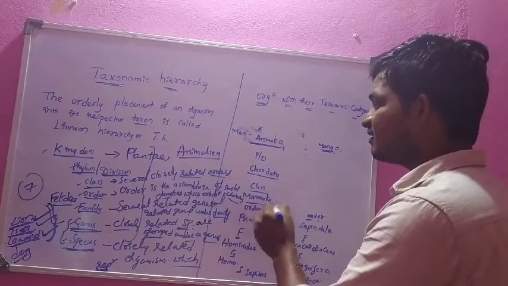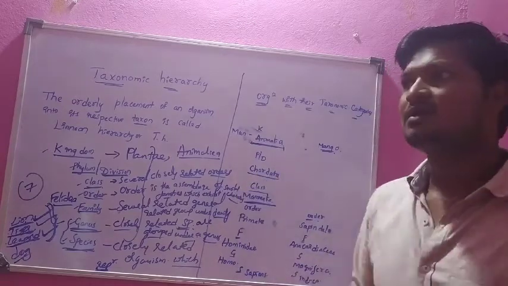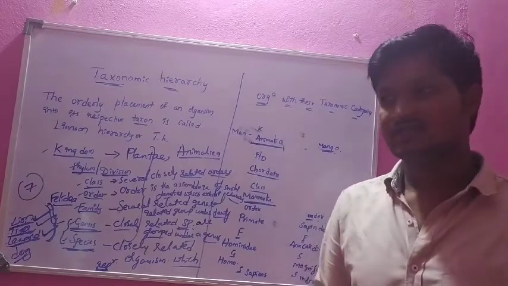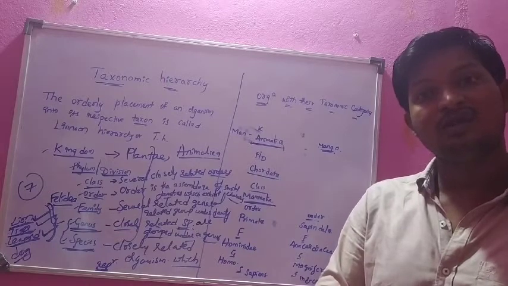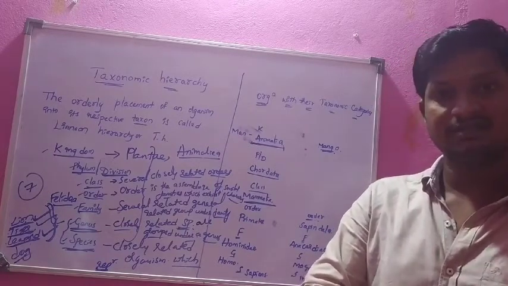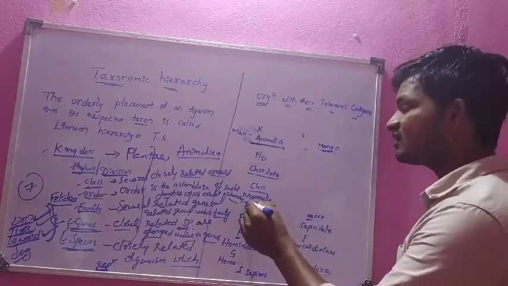Next, the class is Mammalia. Why do we come under Mammalia? If you see a pig or dog, the skin contains hairs. We also have hairs on the skin, so we come under the class Mammalia.